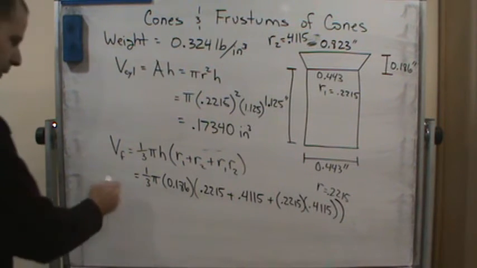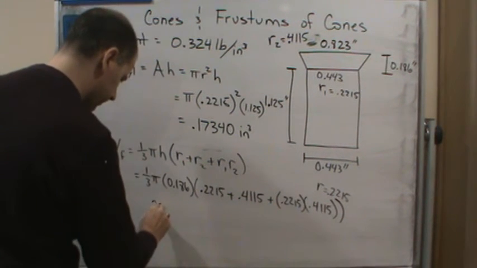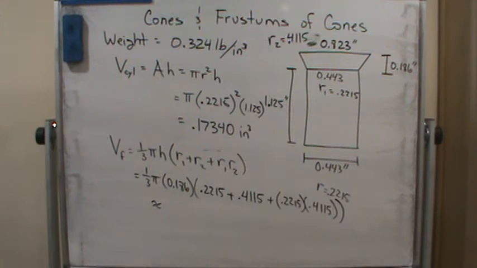We can stick all of this in our calculator, and we get 0.06029.